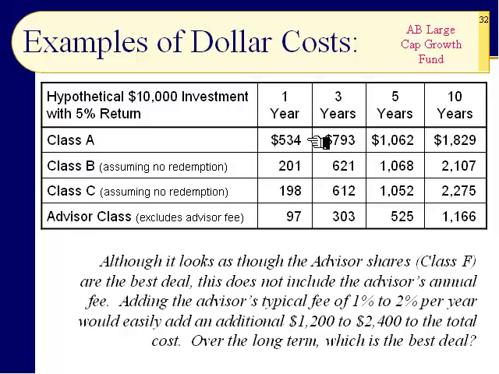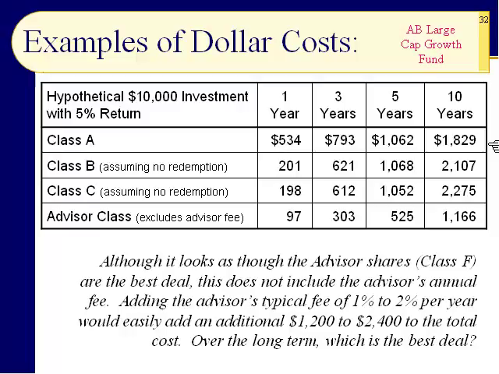And we noticed that the A shares cost us the most. Well, because we had to pay the upfront fee of $423. But then as the years go by, the B and the C shares wind up catching up and costing us far more. Why? Because of the annual operating expenses being higher.